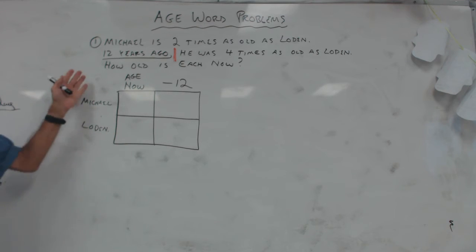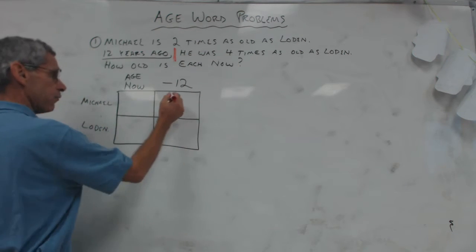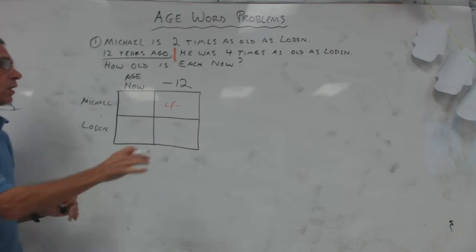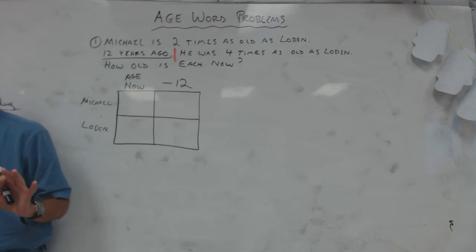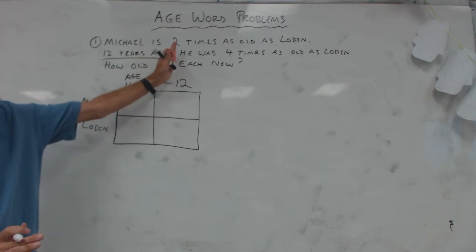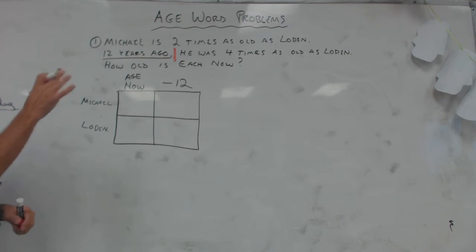They start going, 12 years ago, he was 4 times as old as London, so I've got to get a 4 in here somewhere. And no, do not do that. You don't want to read past that. 12 years ago, stop. Does that make sense? All right? So we've got to fill this in with just the information from 12 years ago and before.